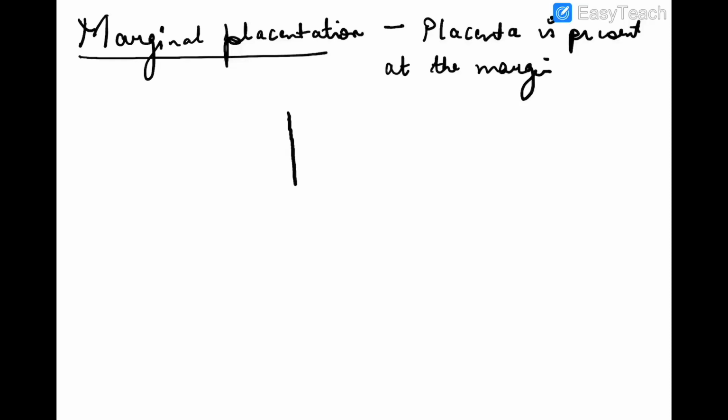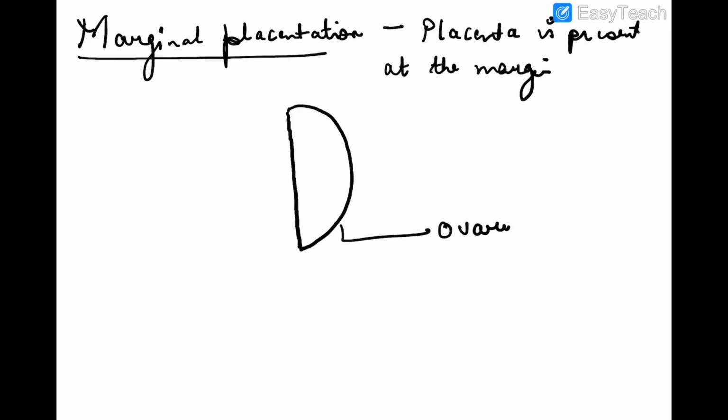If this is ovary, then the structure which I am drawing in green at the margin of this ovary would be the placenta, and on this placenta would be attached the ovule which I am drawing in red here.